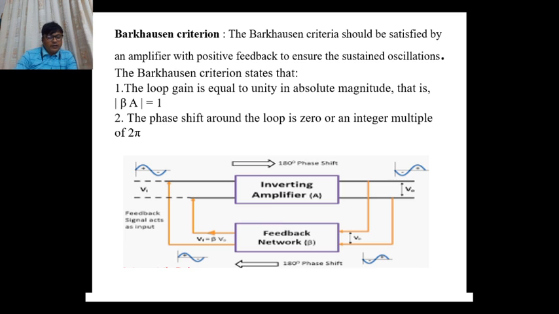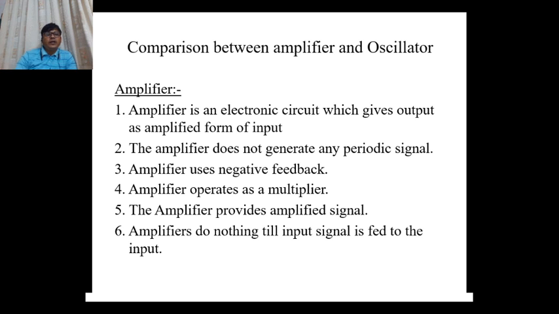It states that the loop gain is equal to unity and phase shift must be equal to 0 or integral multiple of 2 pi. In order for a circuit to become oscillatory, you have to apply positive feedback. Loop gain must be equal to 1 and phase must be equal to 180 degree.